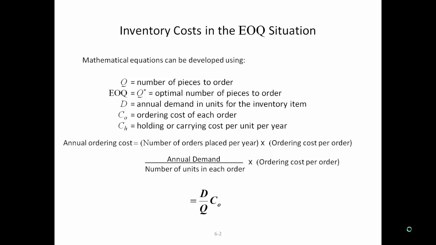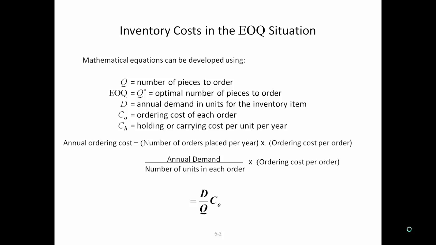So, what is this annual demand? The annual demand is what we're looking for annually, and that's divided by the total number of units. So in order to get our annual ordering cost, we have our demand divided by the quantity times our cost for ordering.